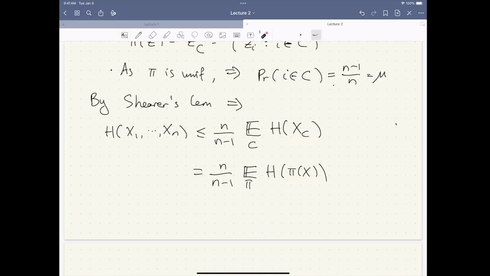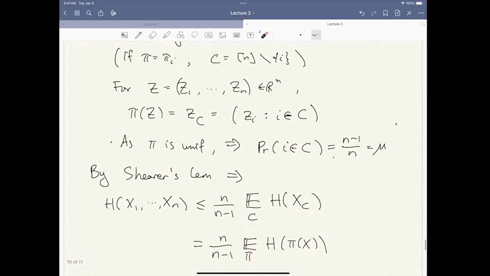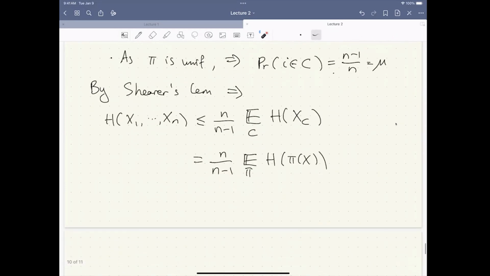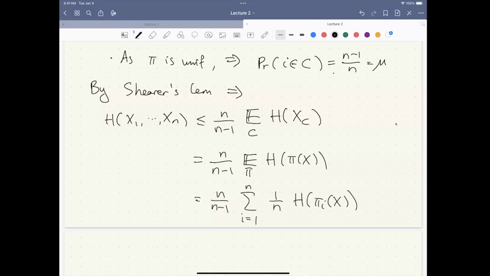Okay, but what is this guy? We know exactly what it looks like, because pi is uniform and random, chosen from pi 1 to pi n. So the expectation here equals n over n minus 1 times the sum over I from 1 to n of 1 over n, h of pi I of x. Correct?